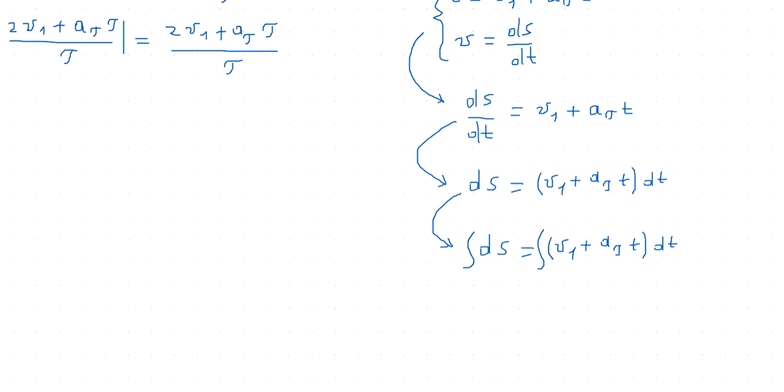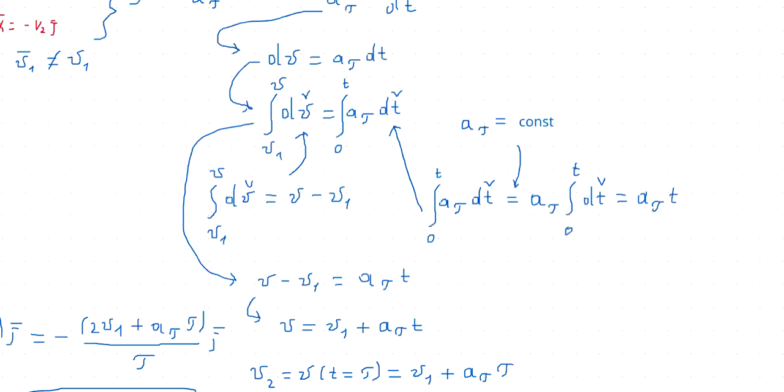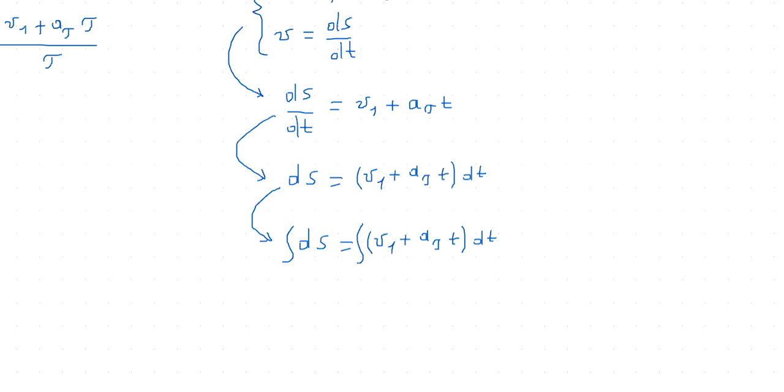I have no ideas. Okay, the situation will be similar to what it was here: from 0 to t, from some initial value to a value at a moment of time t. So here from 0 to t, and here from 0 to some s.